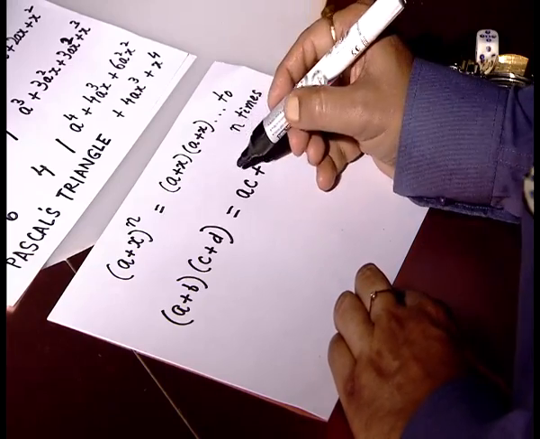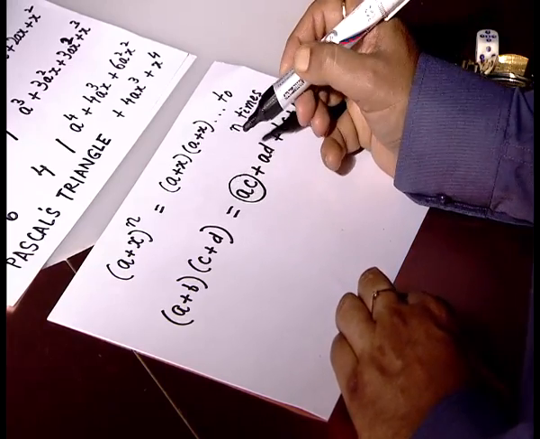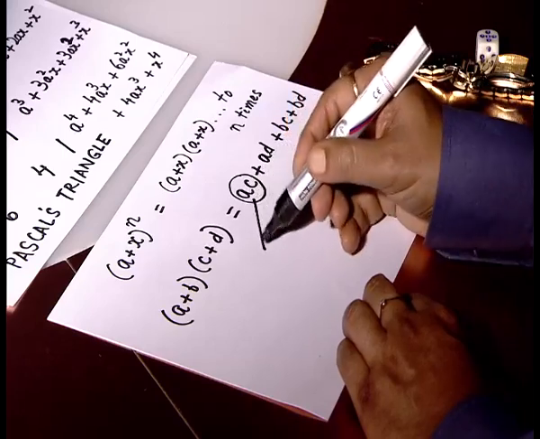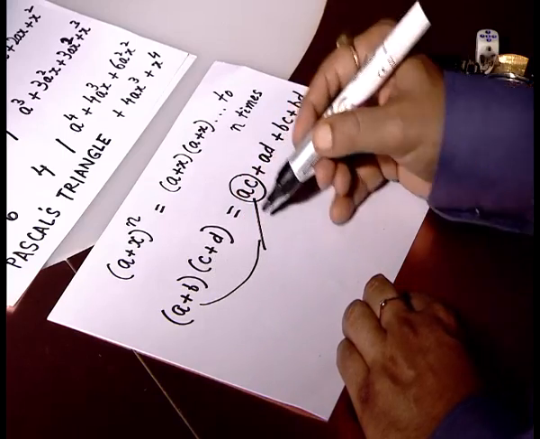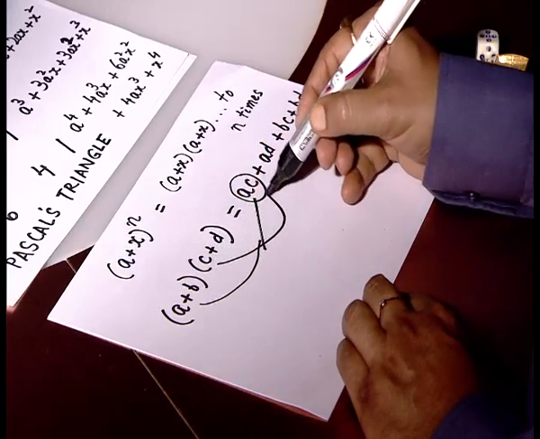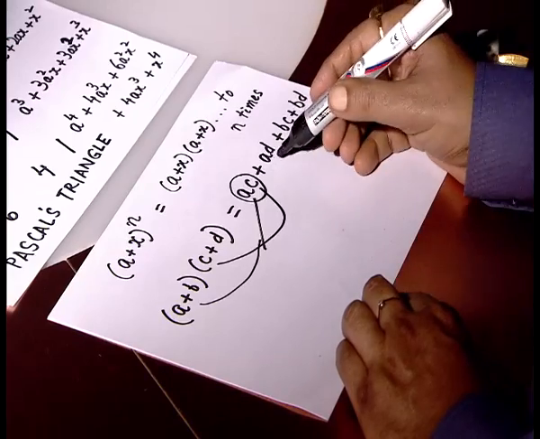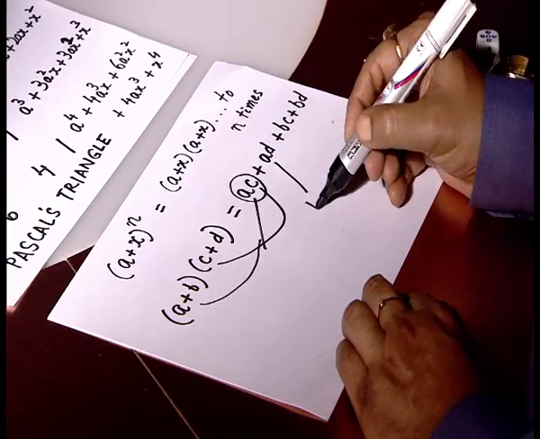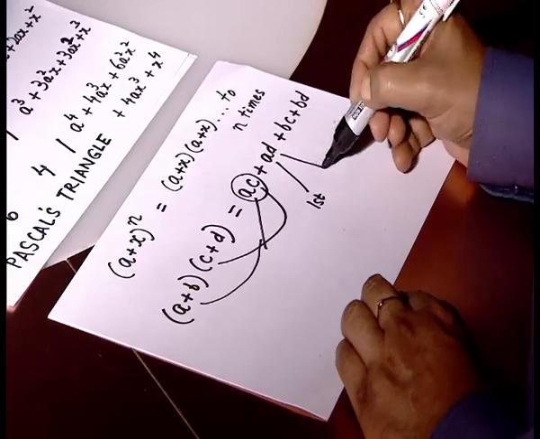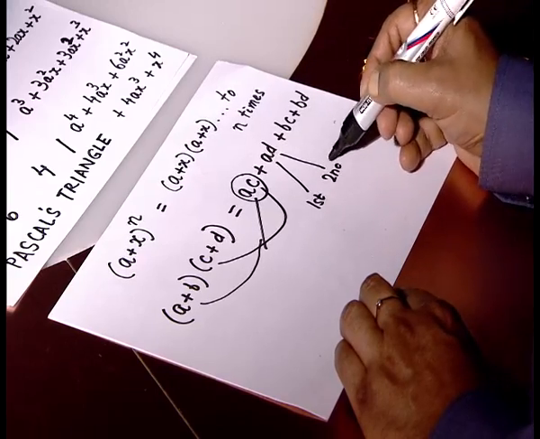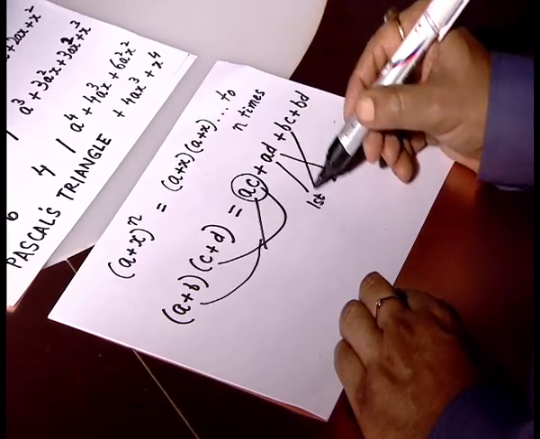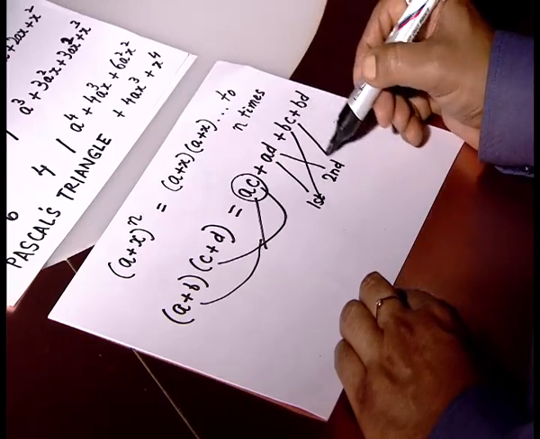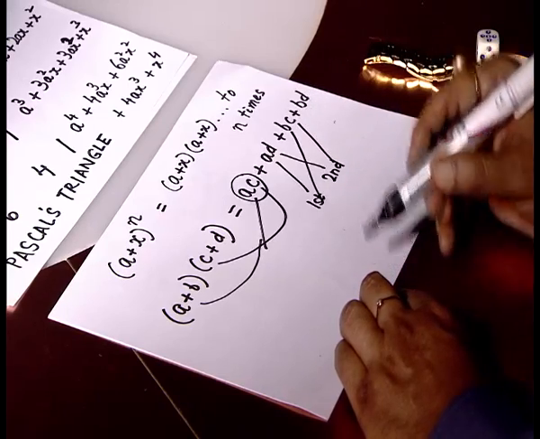Now, examine each term. Let us examine AC. A has come from the first bracket and C has come from the second bracket. AD, A has come from the first bracket, D has come from the second bracket. BC, B has come from the first bracket, C has come from the second bracket.